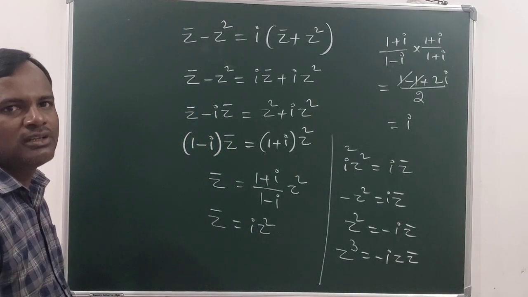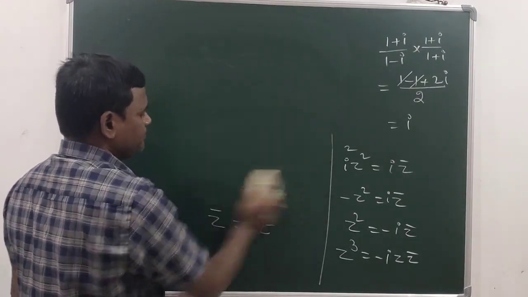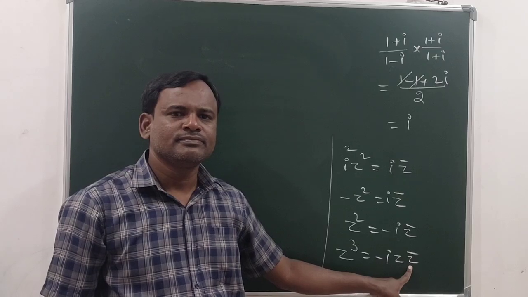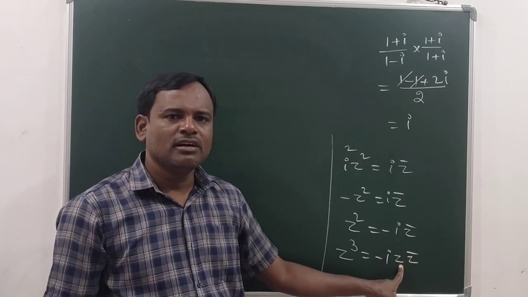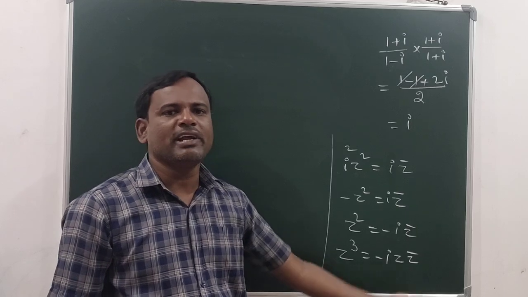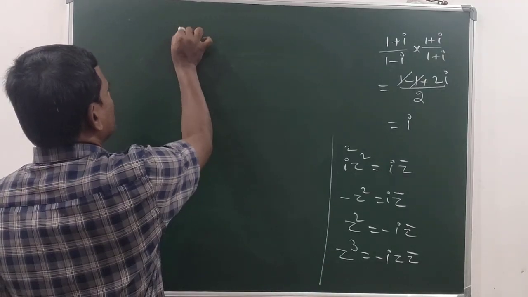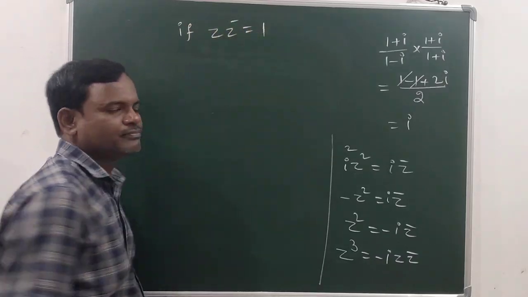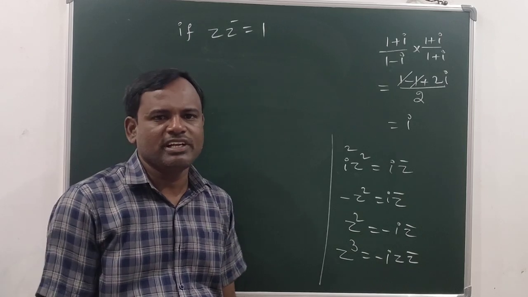Okay students. See, in the next step, Z into Z bar is a real number. Z multiplied with its conjugate, you may get any real number, but here I am taking that real number as 1. Suppose Z into Z bar is equal to 1. Here we don't want the roots of that equation.